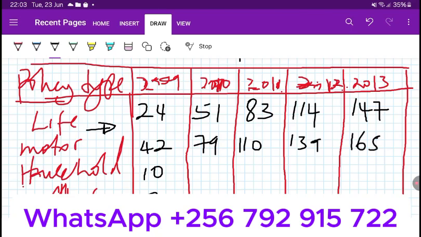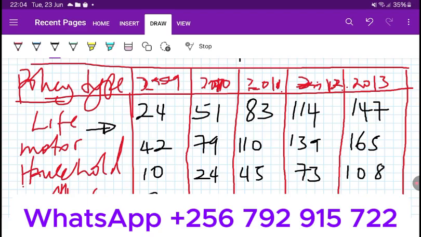Then you move to household. Household, we had a 10, we had a 14, 21, 28, and 35 for the years 2009 to 2013 respectively. So we get the 10 plus the 14, that is a 24. 24 plus 21, that's a 45. 45 plus 28, that is a 73. 73 plus 35, we get 108.